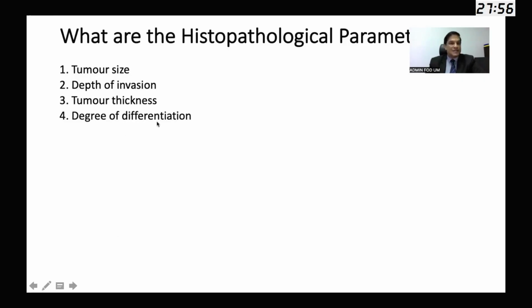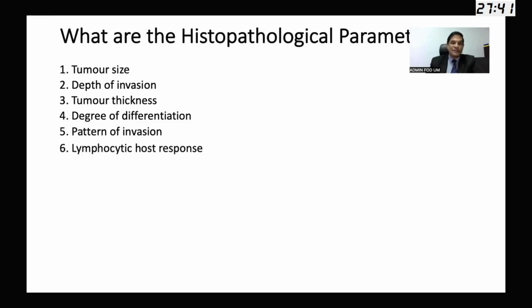And the degree of differentiation, this has been used from the 1920s after Broders' classification, as well, moderate and poorly differentiated cancers. Pattern of invasion, similar to depth of invasion, another very significant histopathological parameter. Lymphocytic host response. So we know the role played by lymphocytic host response.